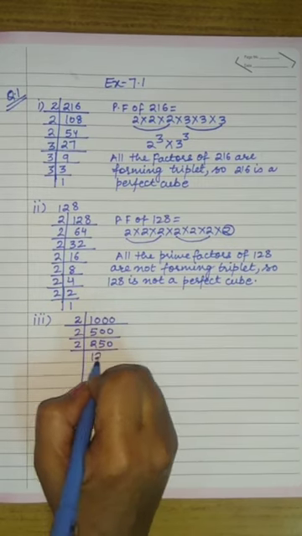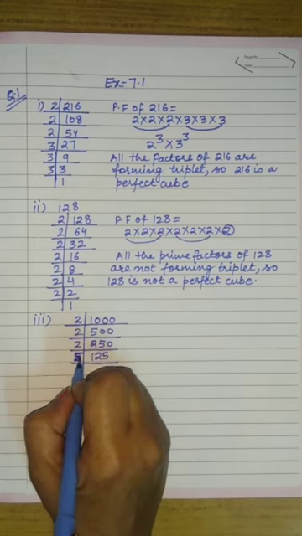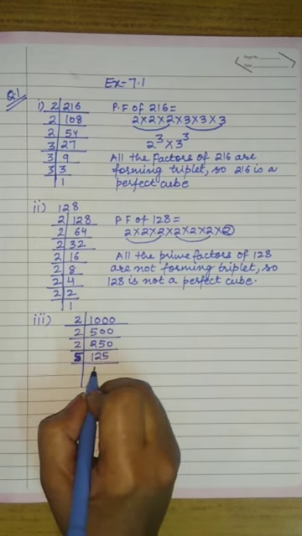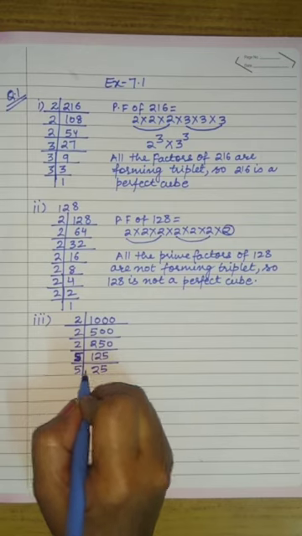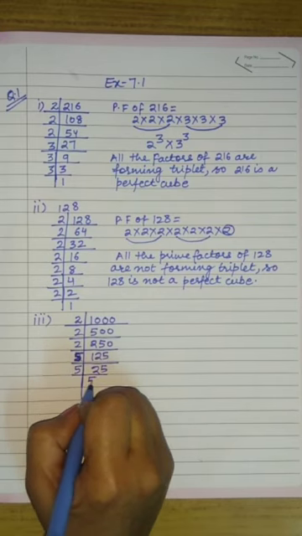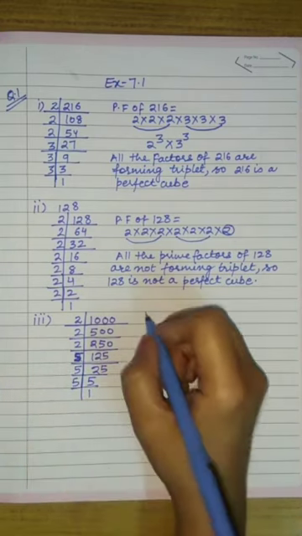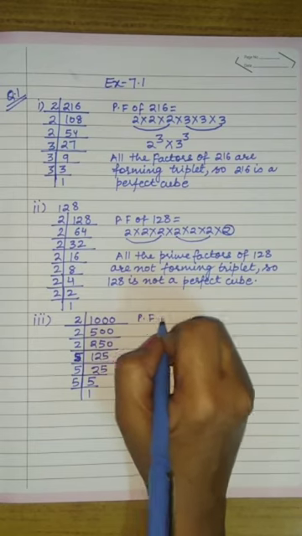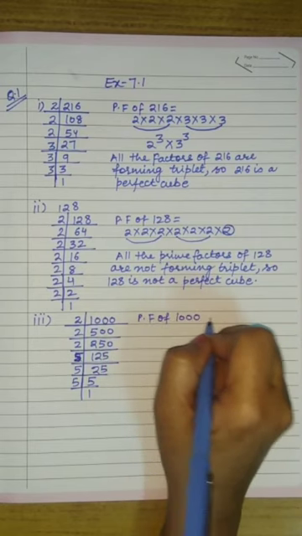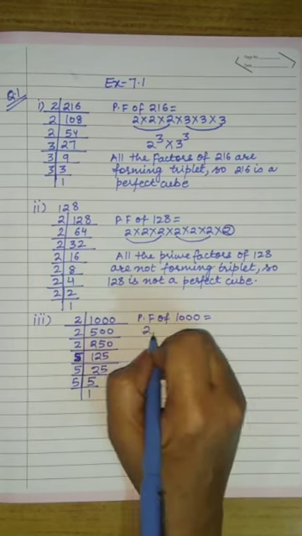Now you know 125 is the cube of 5. So dividing it by 5 I got 25. Again by 5. Again by 5. So the prime factors of 1000 are equal to 2 into 2 into 2 into 5 into 5 into 5.